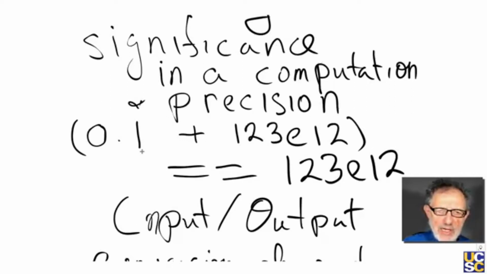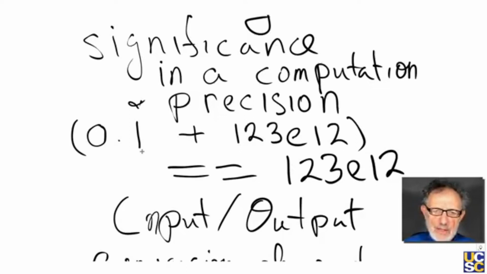So something like 1 1/3, 1.33333, might not have the same kind of precision when it's translated to the internal number.